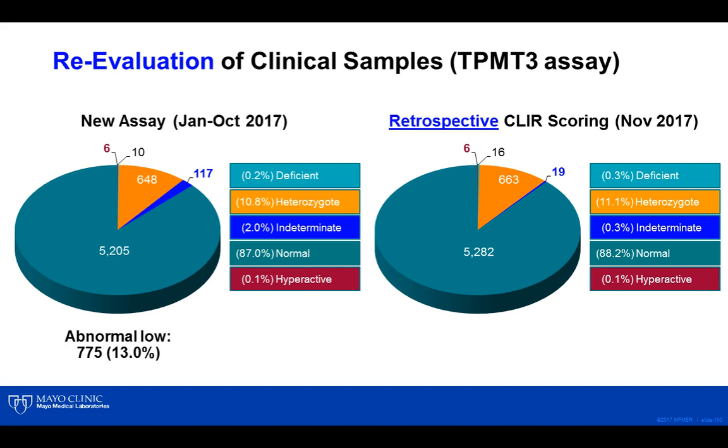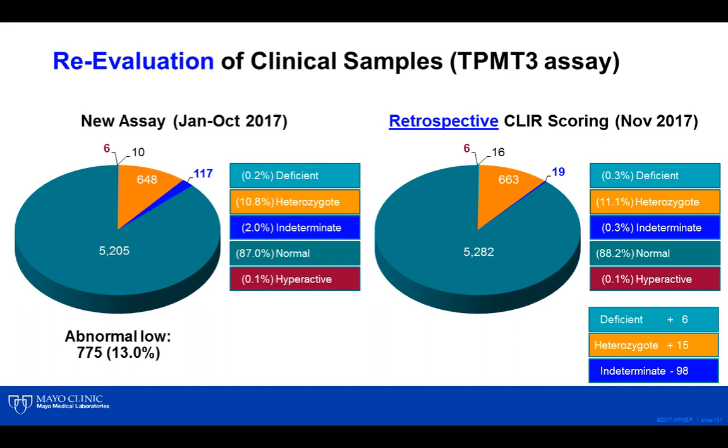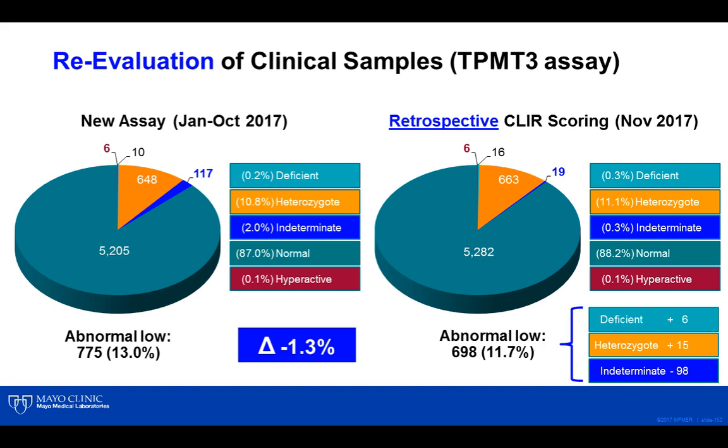In other words, a few more deficient, matching closely the expectation by monogenic inheritance, more heterozygote, and most importantly, an almost 80% reduction of indeterminate outcomes. Collectively, 11% of cases will be reported as abnormal low, a further 10% reduction toward the predicted ideal state of findings, supporting the clinical utility of constantly evolving and improving clinical validation.